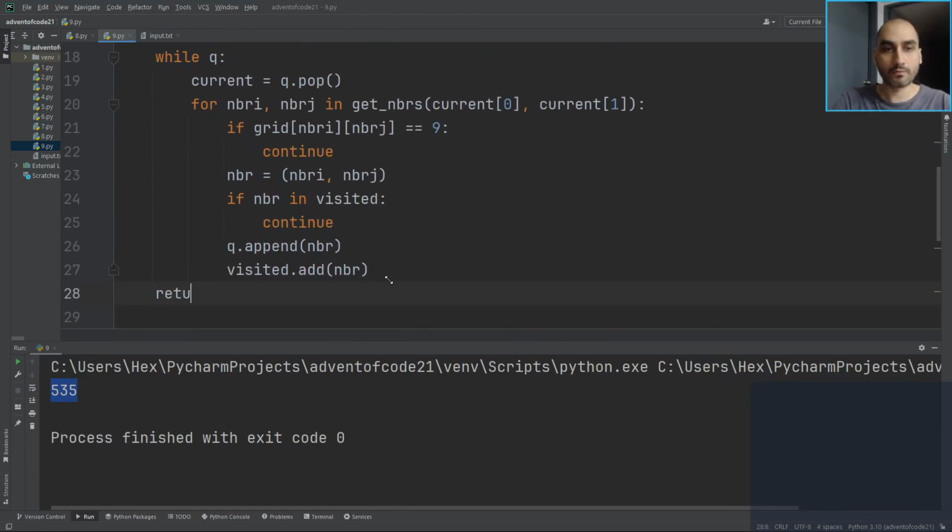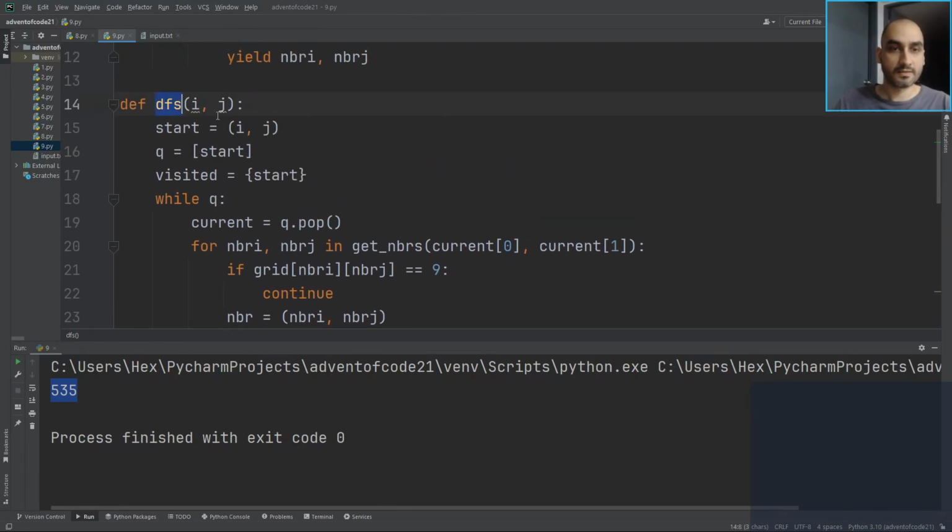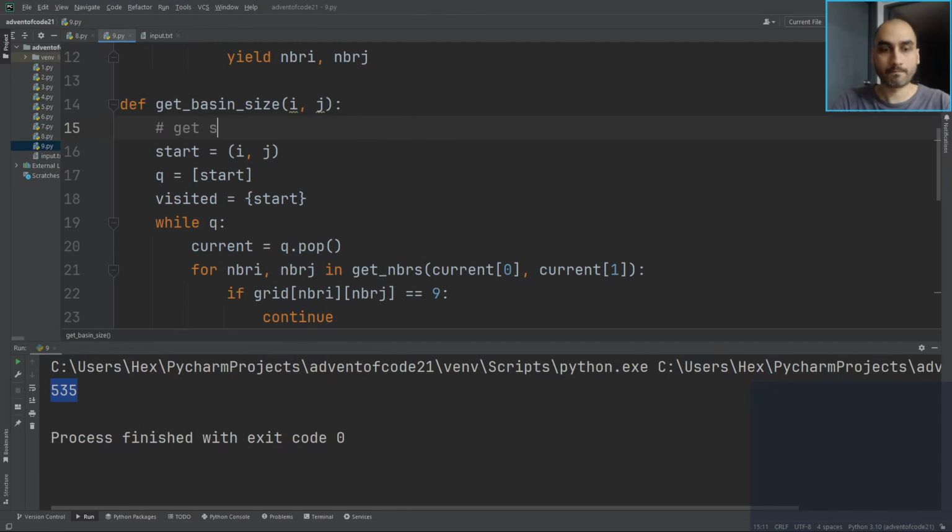That's all we care about. This is basically telling us get basin size for a given trough. It works on any element in the basin.